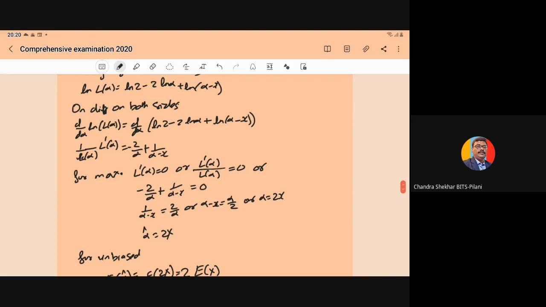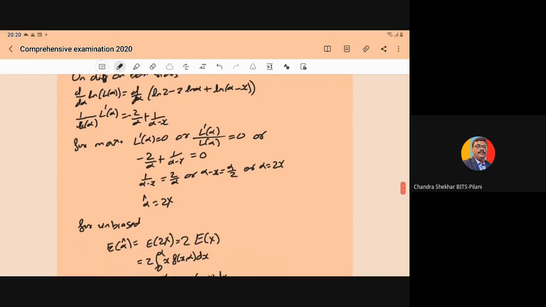For the maximum, from calculus we know d by d alpha of L must equal 0, means L dash is equal to 0. So L dash upon L is also 0. It will give you minus 2 upon alpha plus 1 upon alpha minus x equal to 0. On solving, it will give you alpha is equal to 2x. So the estimator of alpha will be 2x.